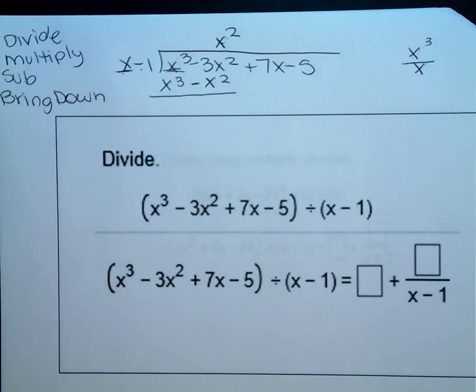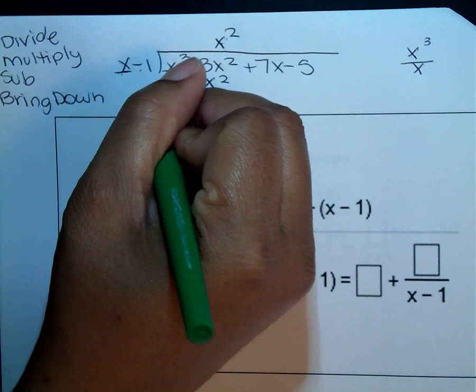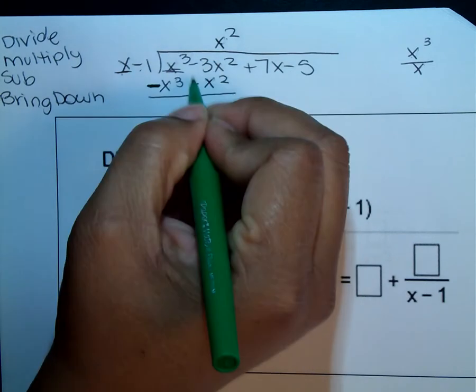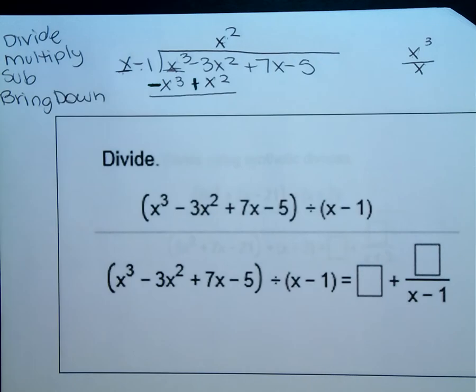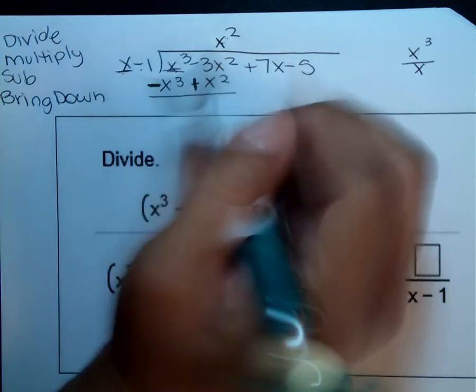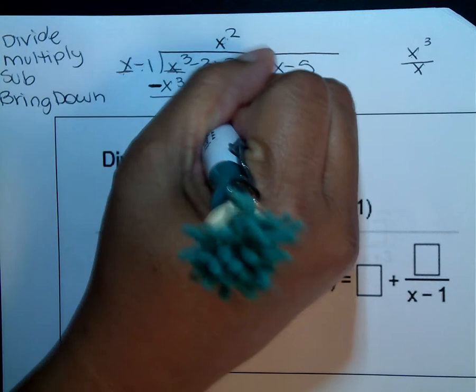Subtract means I'm going to change my signs, so the x cubed goes to a minus x cubed, and the minus x squared goes to a plus x squared. So my x cubes cancel out, and negative 3x squared plus 1x squared gives me a negative 2x squared.